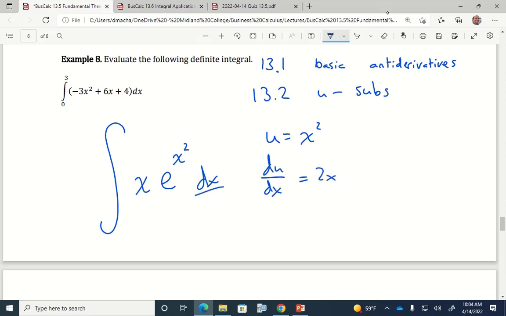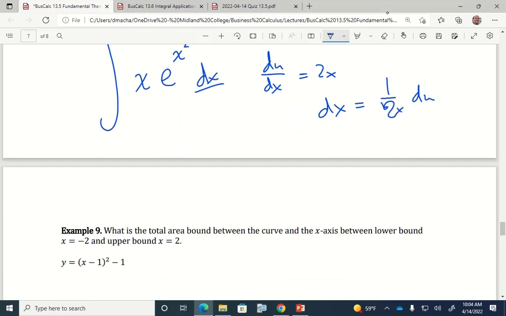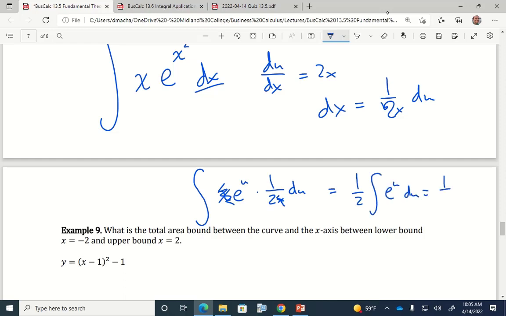And if I solve for dx, that means I multiply both sides by dx, and this would be 1 over 2x du. And then making all those substitutions would give me antiderivative of x e to the power u times 1 over 2x du, and then the x's cancel, and you end up with 1/2 antiderivative of e to the u du, which is 1/2 e to the u plus c, and then you reverse your u substitution, and we say this is 1/2 e to the x squared plus c.